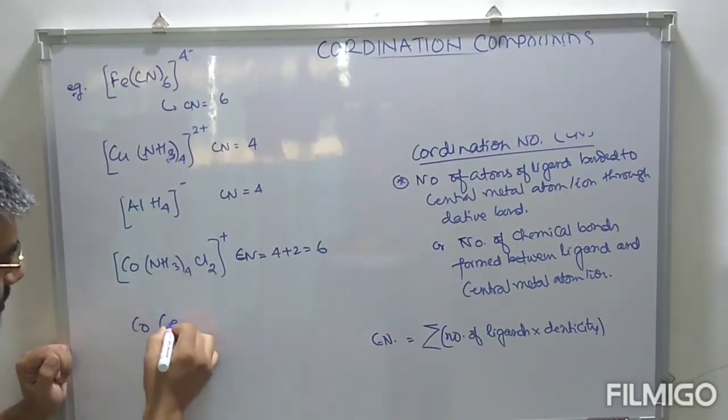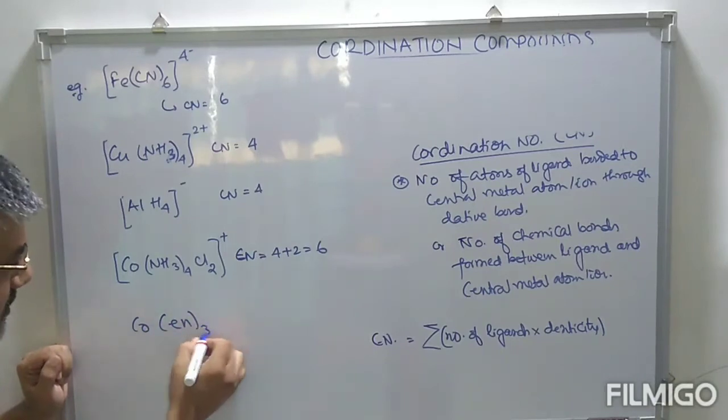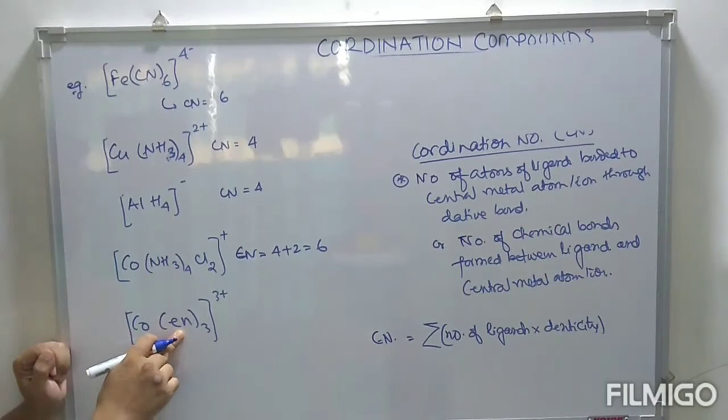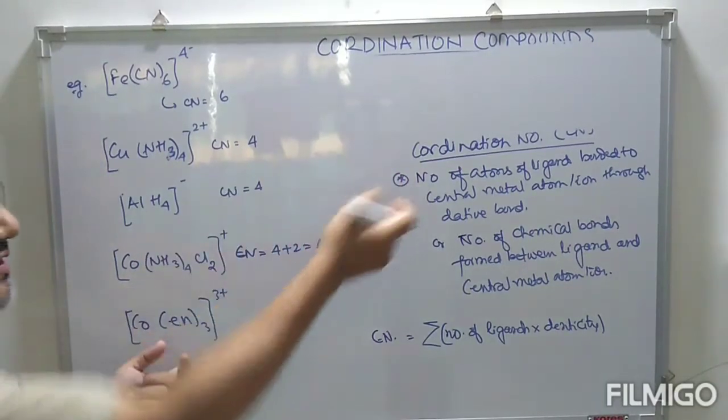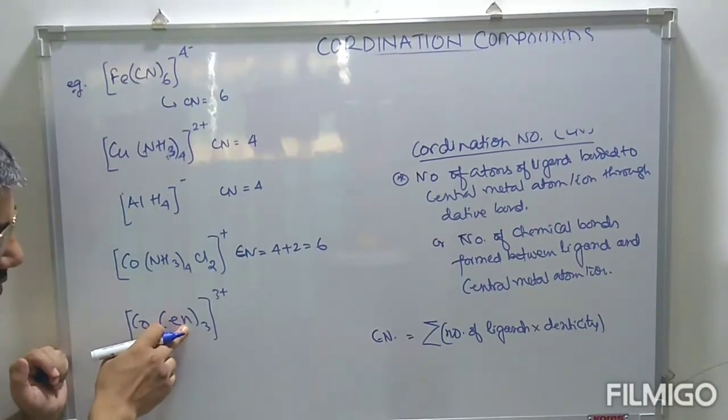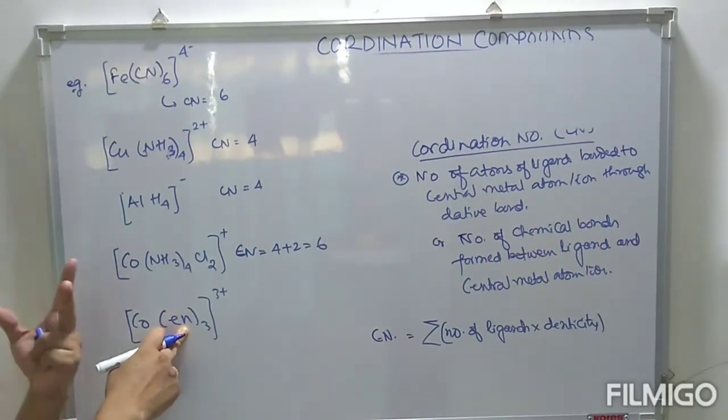So take this en 3. So en is ethylenediamine, which we'll discuss in the different types of ligand. Ethylenediamine is a bidentate ligand, denticity is 2.